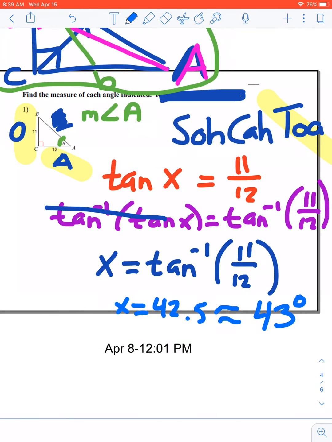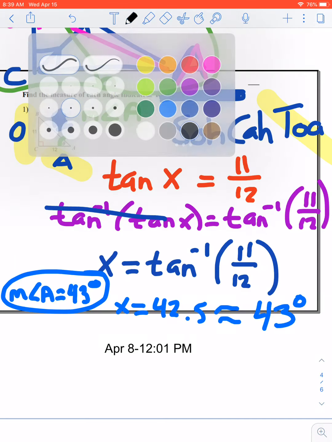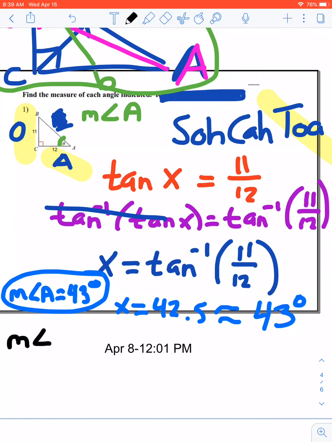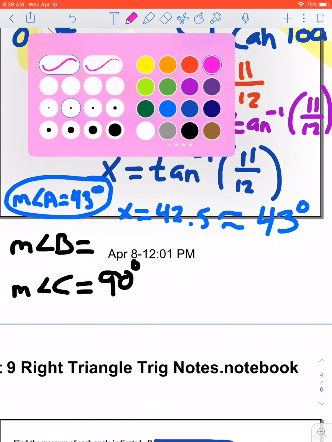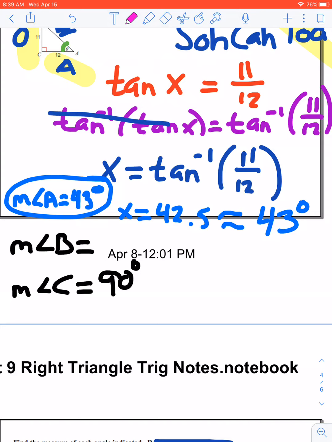Okay? So the measurement of angle A equals 43 degrees. Let's just say for fun, I also wanted to find the measurement of angle B. Let me keep going, because on some of your homework problems, it's going to ask you to solve all of them. Well, if I already know the measurement of angle C is 90, and I found that the measurement of angle A is 43, well, we know from geometry class that when you add up all the angles of a triangle, it equals 180.